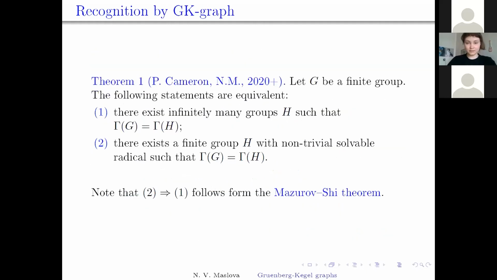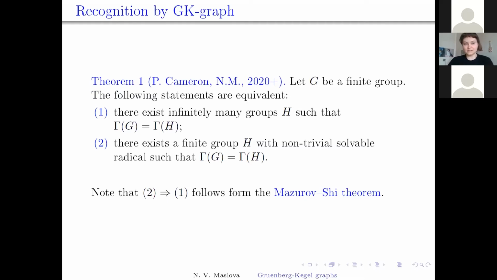And let us return to recognition by Gruenberg-Kegel graphs. We have tried to generalize the results by Mazurov and Shi, and have obtained a criterion of recognition of a finite group by its Gruenberg-Kegel graph.